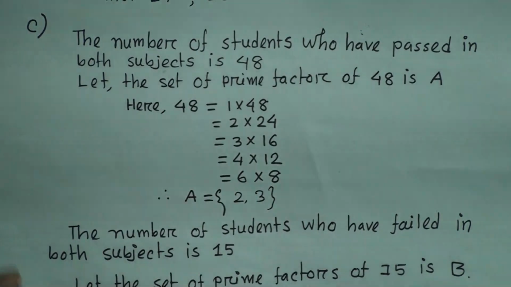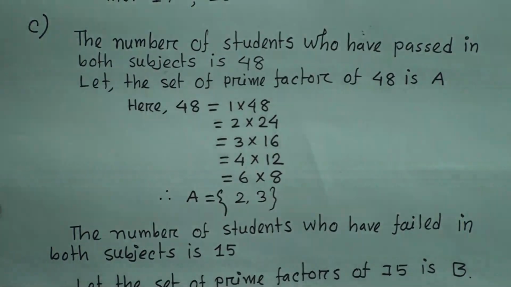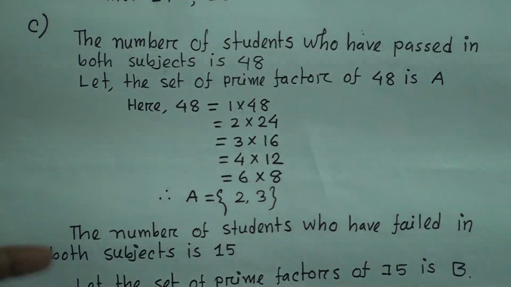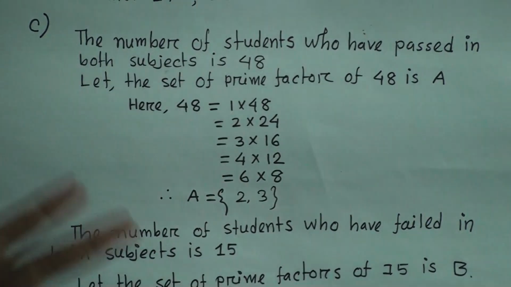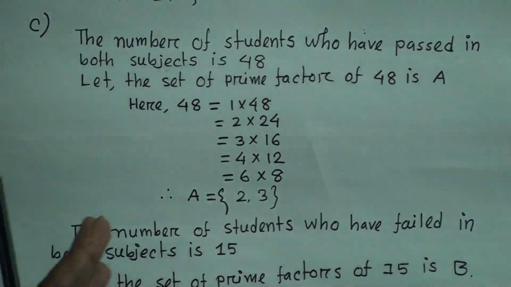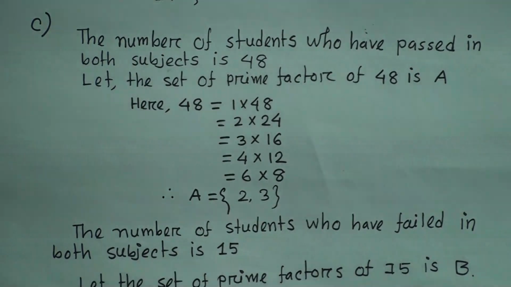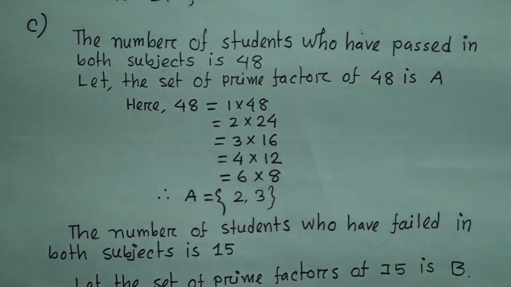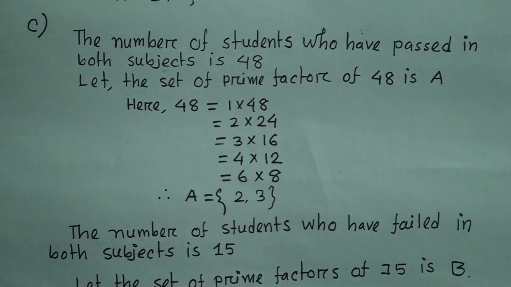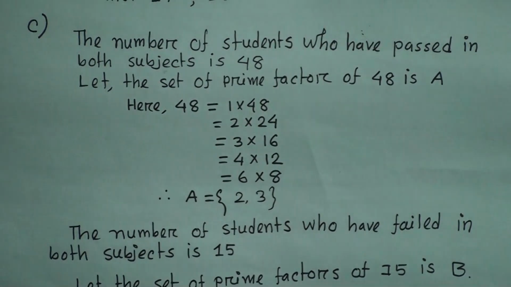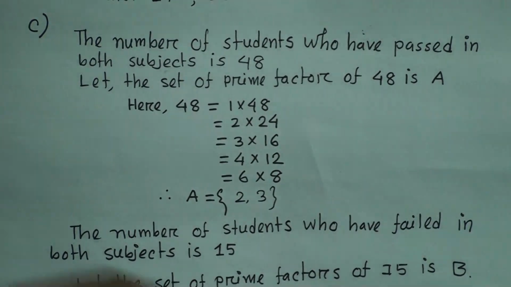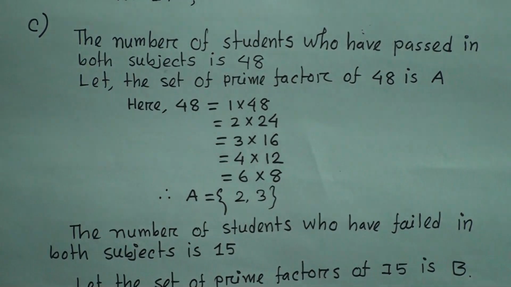Okay students, the number which has exactly 2 factors, that number is called a prime number. Suppose 2 has how many factors? 2 has only 2 factors, 1 and 2.